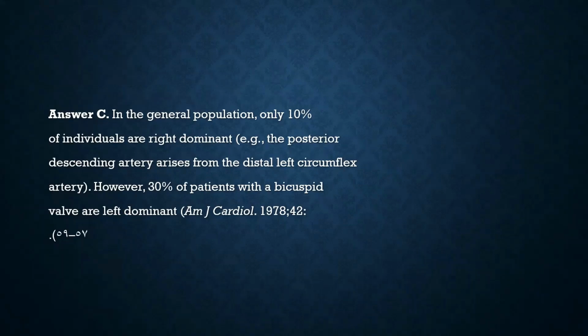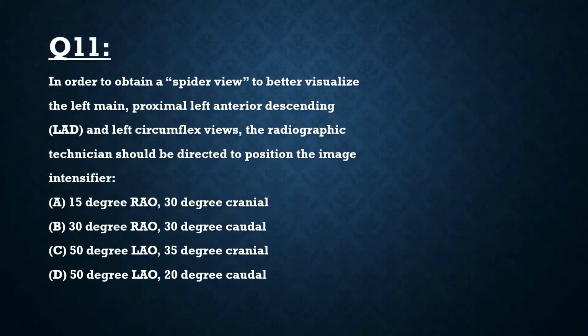However, 30% of patients with bicuspid aortic valve have a left dominant system, which is usually the left circumflex artery. The general population is about 10%, but in the bicuspid aortic valve population, 30%.